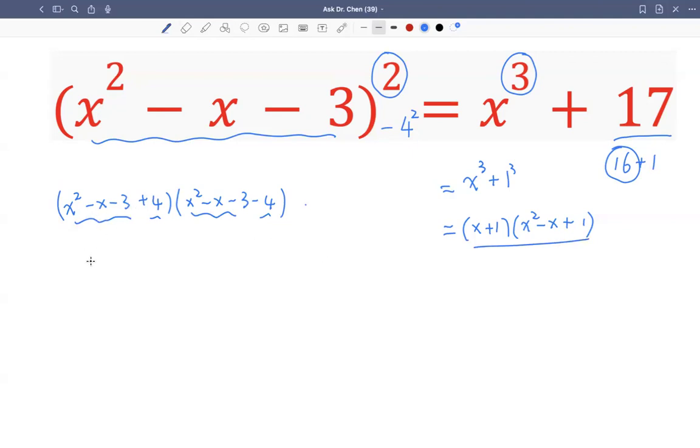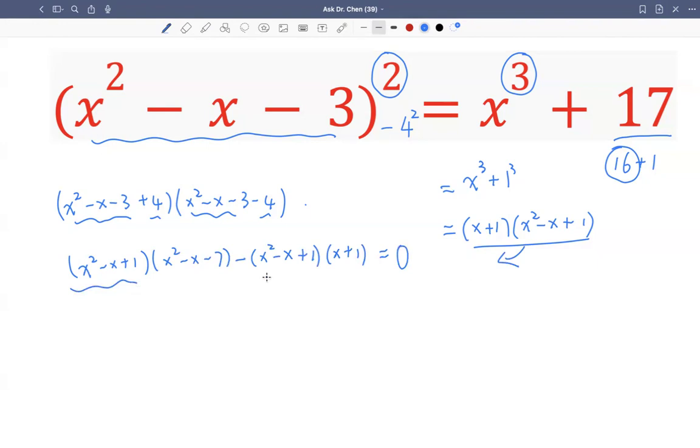Then simplify. The first one, we'll get x squared minus x plus 1. Simplify the second one, we'll get x squared minus x minus 7. Then let's move this one to the left-hand side. It becomes negative x plus 1, or let's write the common factor x squared minus x plus 1 in front, times x plus 1. Then this equals 0.